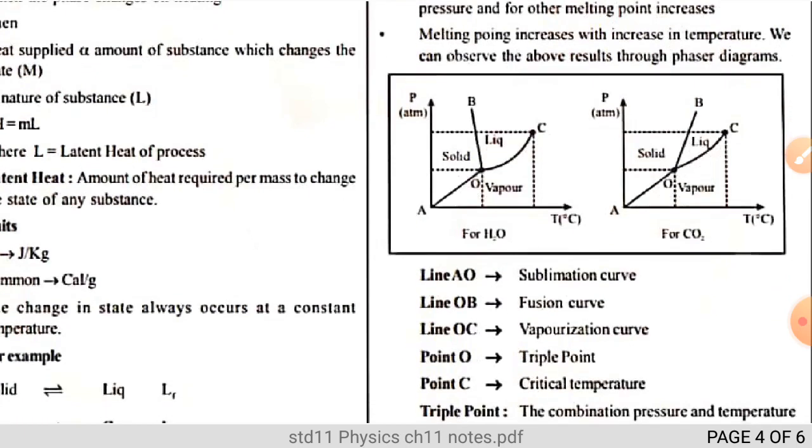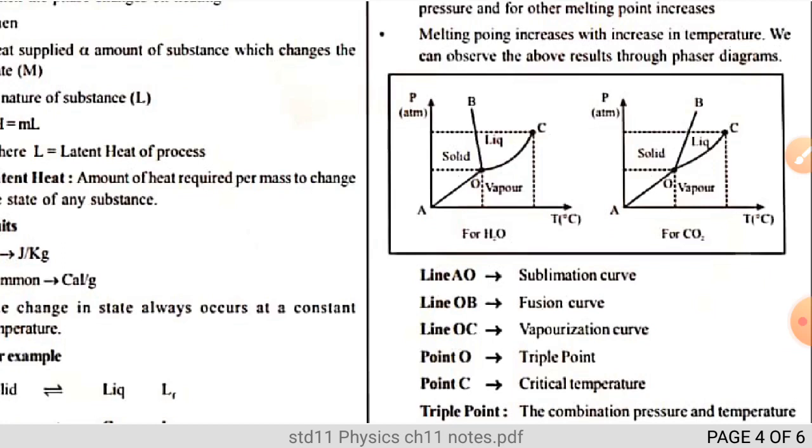So see, the line AO is the sublimation curve. Why is AO the sublimation curve? Because it is between solid and vapor, and solid to vapor is called sublimation. Then OB is between solid and liquid, that's why it is the fusion curve, solid to liquid.